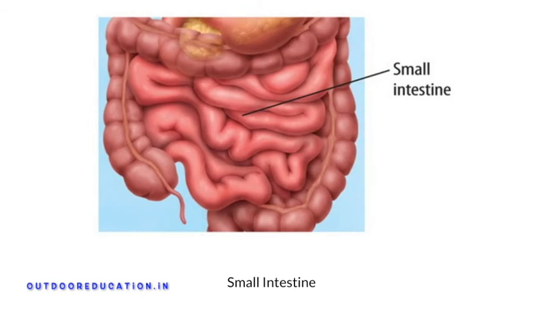Small intestine, it is the muscular tube between the stomach and the large intestine, which is divided into duodenum, jejunum and ileum, the beginning and end parts of this. This will receive partially digested food from the stomach, and it helps continue the digestion process and pass the food to the large intestine.